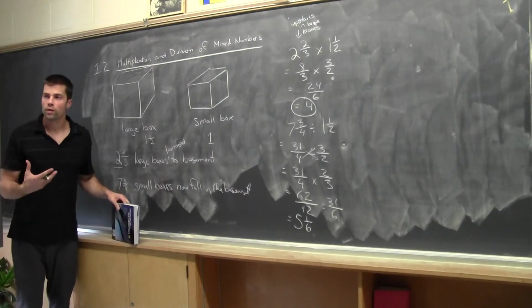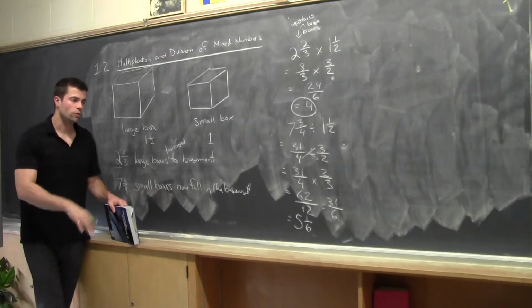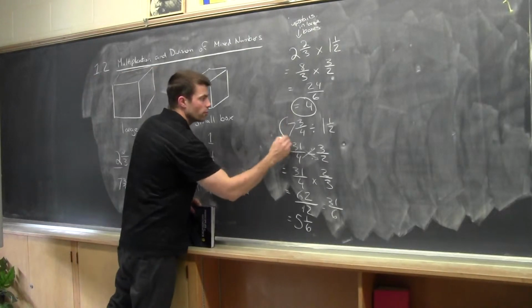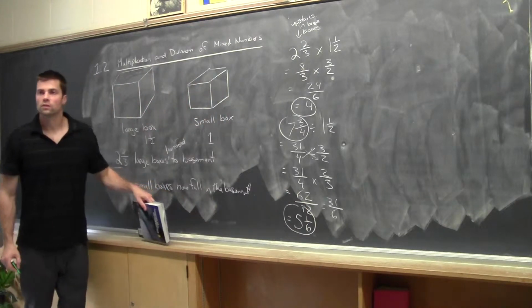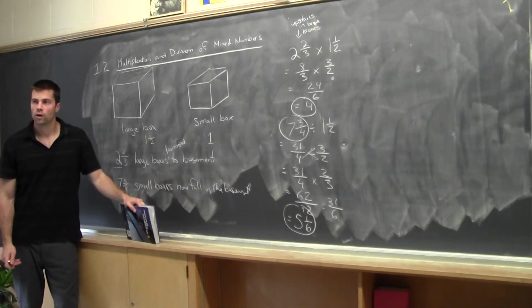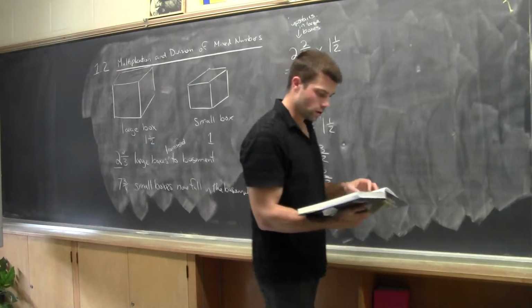So all the cans in the basement right now that are stored in little boxes, if we then moved all those to big boxes, 7 3/4 small boxes would fit in 5 and 1/6 large boxes. Okay, any questions? All right, moving right along.